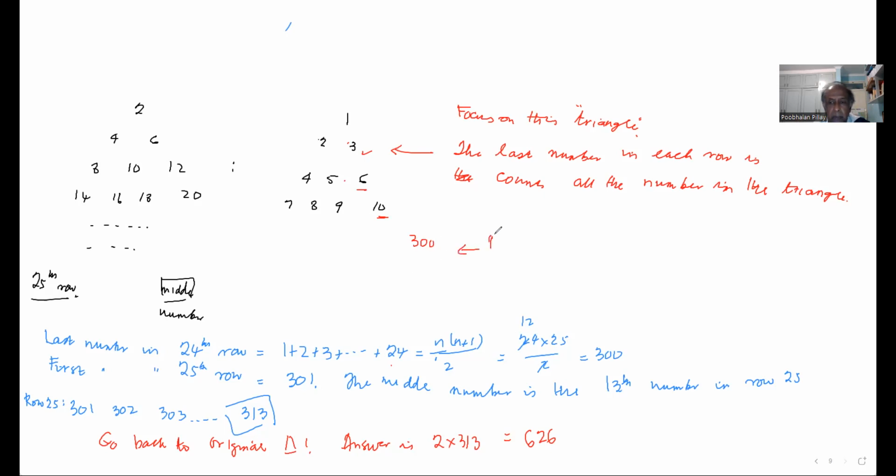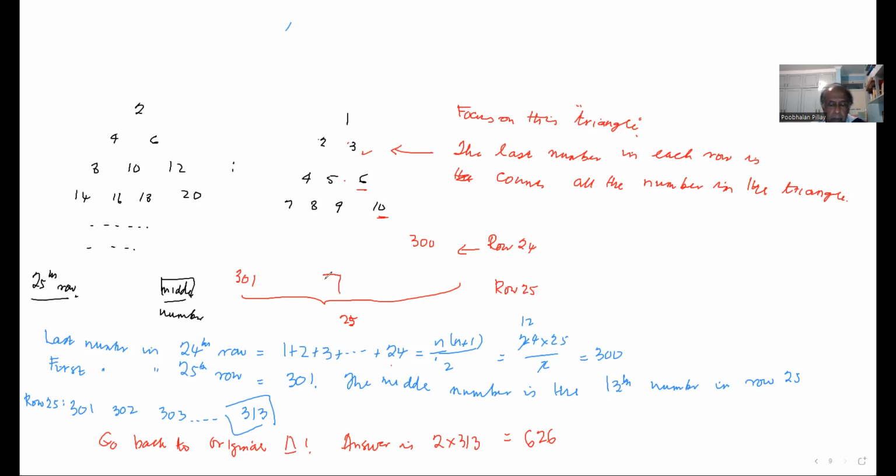Row 24. Right. So what happens is the new row will start at 301, and it has 25 numbers altogether. Because row 4 has 4 numbers, row 3 has 3 numbers, so row 25 will have 25 numbers.